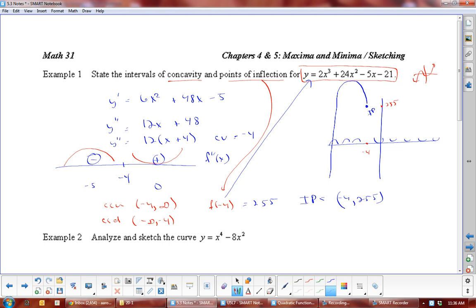See, I'm still concave down. And then from this point, I am concave up. Now that's a very rough guess because I do not know my max or mins for those points. But you can see that if I went and found my max and mins, then I would be much better off.